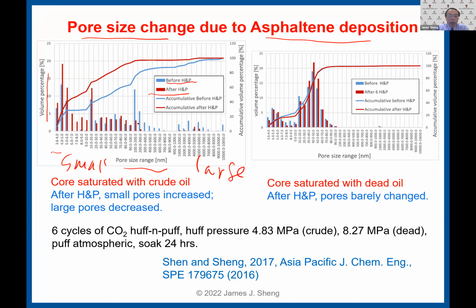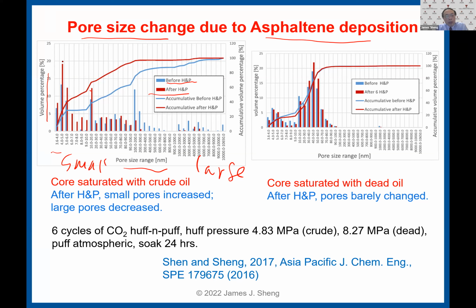We can see that after huff-and-puff, this high one becomes low now, and this small one becomes higher. So it looks like the large pores became less, and some large pores became smaller pores, because the large pore percentage became lower and the small pore percentage became higher.